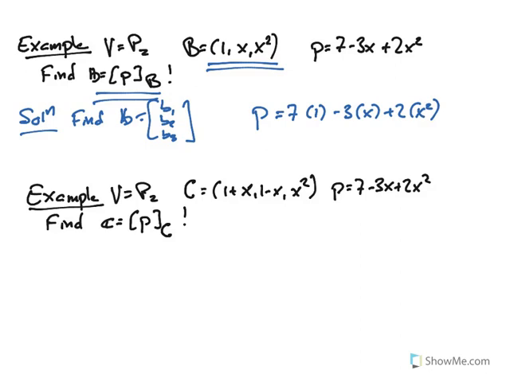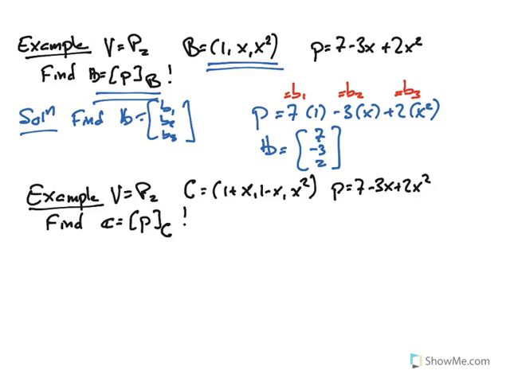So now we just read off. 7 is b1, minus 3 is b2, and 2 is b3. So in this case, b is equal to (7, -3, 2).